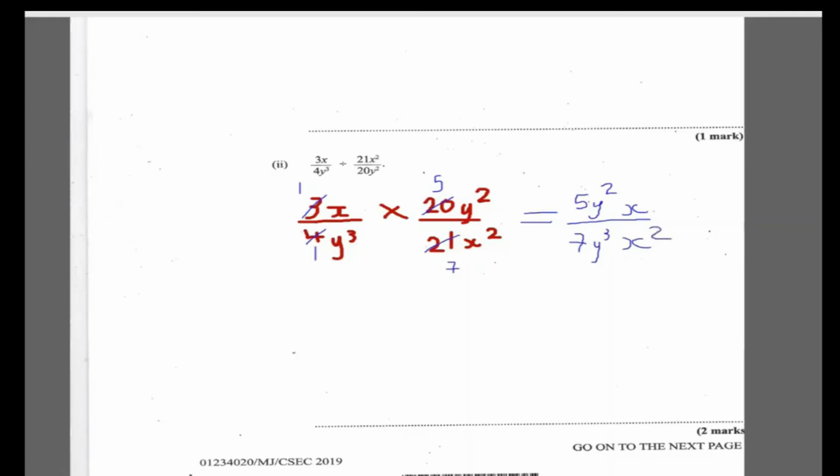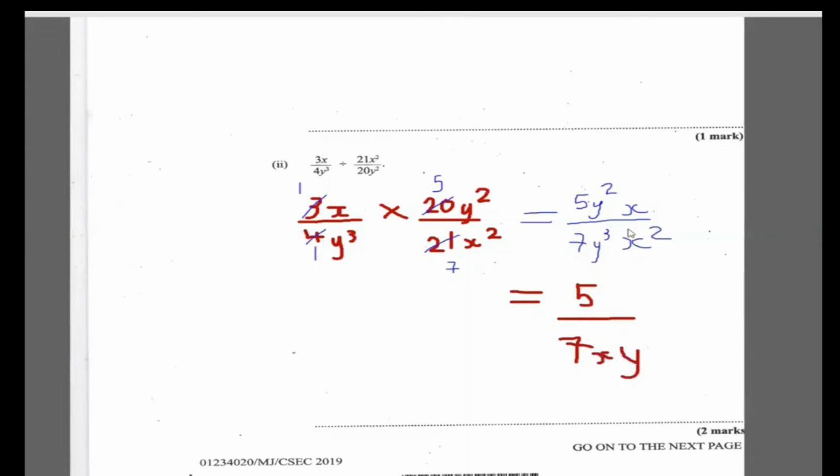Now, we're pretty nice now, because as you can clearly see, an x will cancel an x from the denominator. Y squared cancels y squared from the denominator. So we're left with 5 over 7 times y squared gone out of the denominator to leave y, x squared gone. Well, we're left with now 7xy.